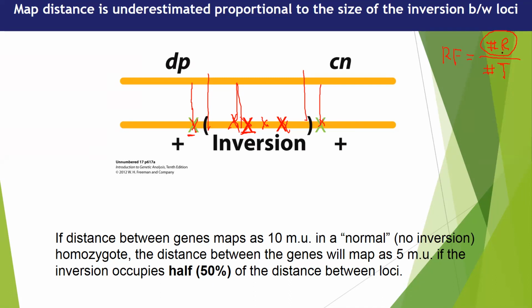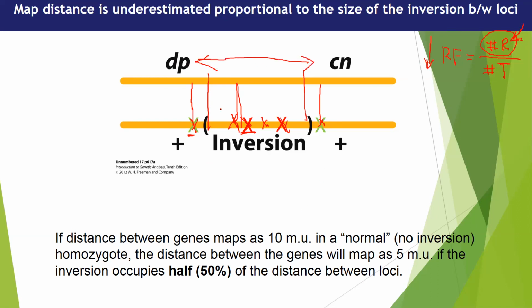So if the observed number of the recombinant progeny is lower than what it should be, then we're gonna see a lower recombination frequency, right? So the result is that we're going to underestimate the distance between these two genes.